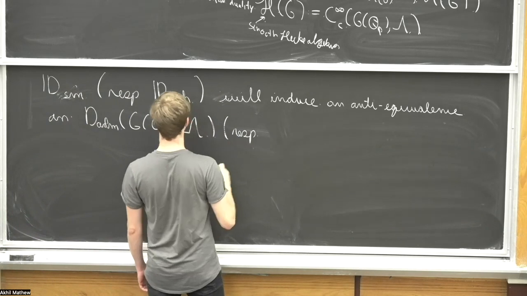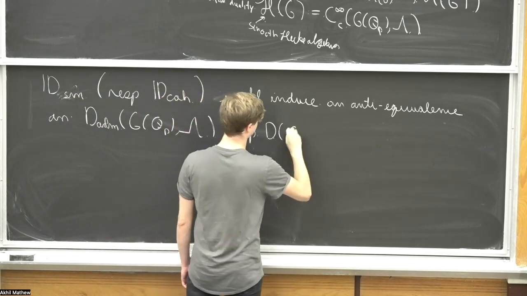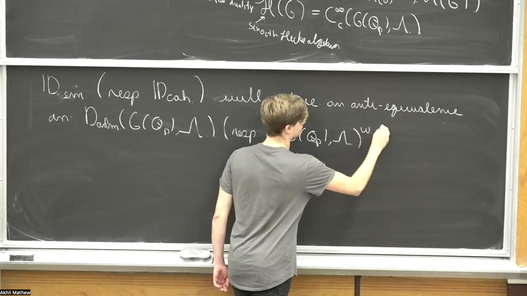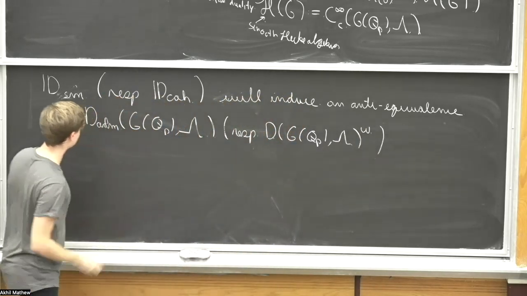And this homological duality will induce an equivalence on the subcategory that I'll denote as D_{G(Q_p)}(Lambda)^omega.